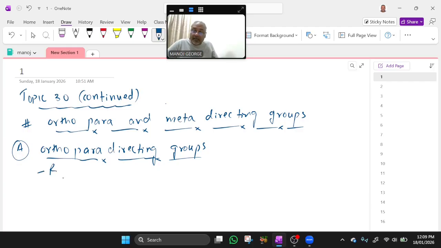The groups are any group which is an R group. Now remember, R group basically represents any alkyl group. You have to know who these ortho-para directing groups are, and what is the effect of their being present on the benzene ring.